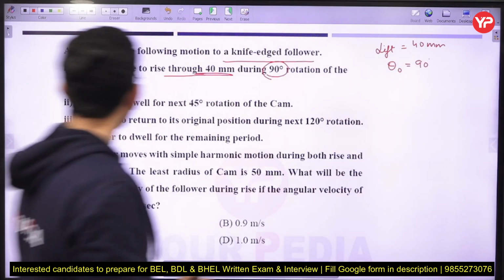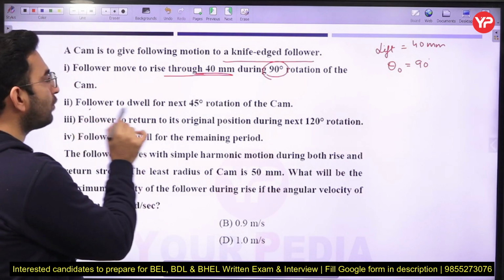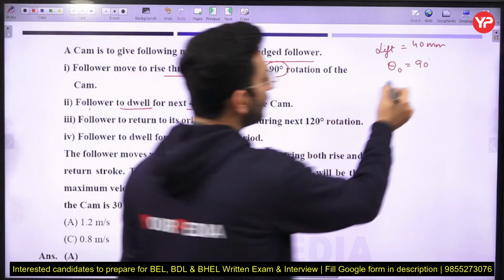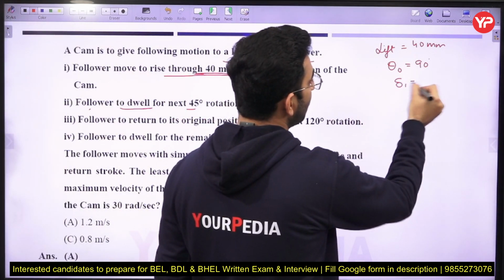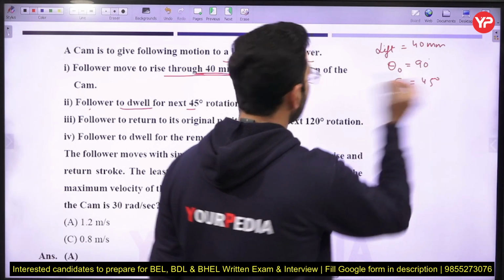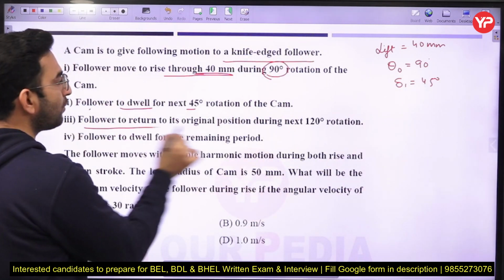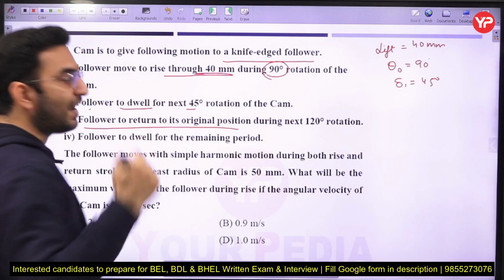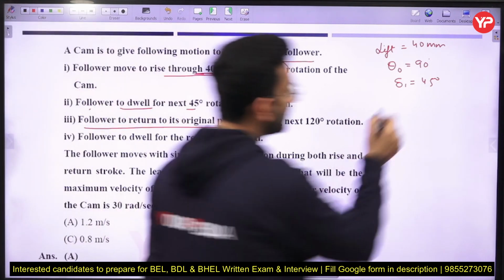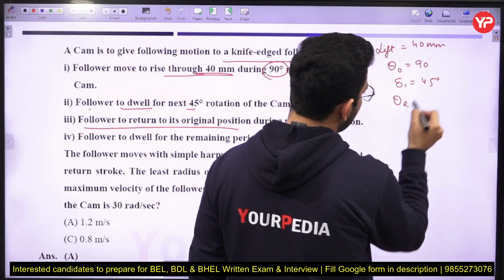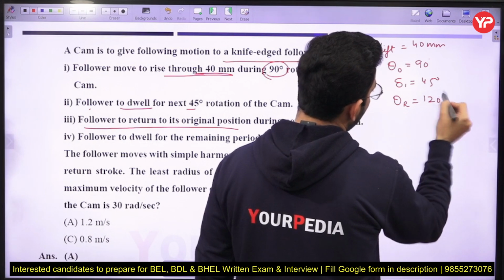Along with that, the second statement is the follower to dwell for the next 45 degree rotation of the cam. So we can say the dwell angle is 45 degree. Next part, the follower to return to its original position during the next 120 degree of revolution here. So we can say the angle of descent is 120 degree in this case.